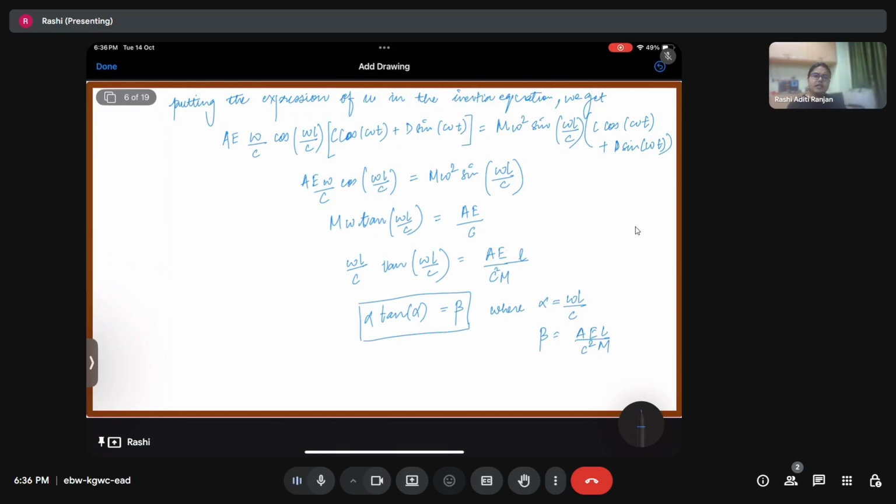Now we can write C as under root of E by rho. E will get cancelled and there will be a rho in the above. So beta can be further written as A rho L by M.